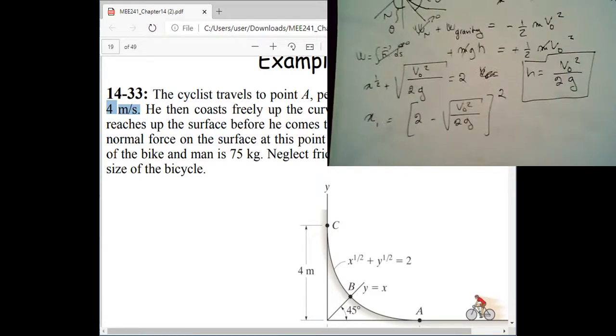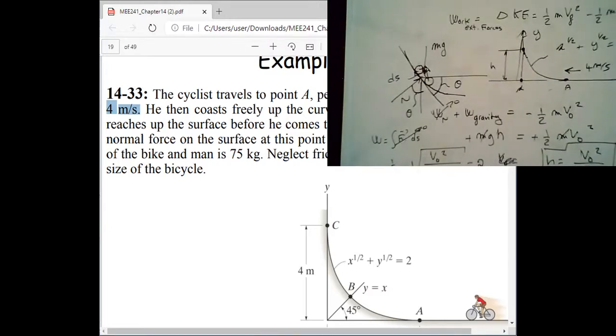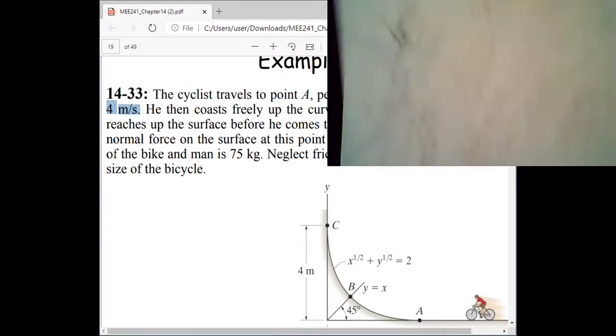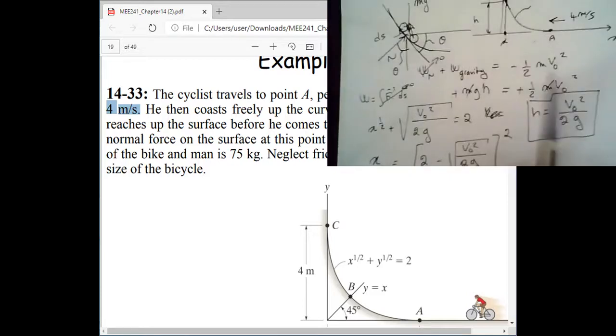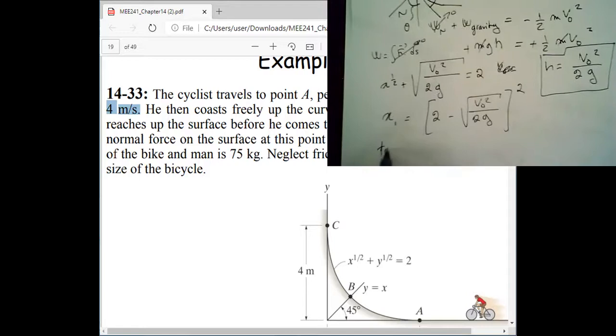Now, how do I find the slope, or how do I find the angle theta that the bicycle makes with the horizontal? Then I'm actually gonna use this relationship again, right? Well, I know tangent theta will be equal to dy over dx, and if dy over dx is positive, it means that the curve basically makes a positive slope, right?